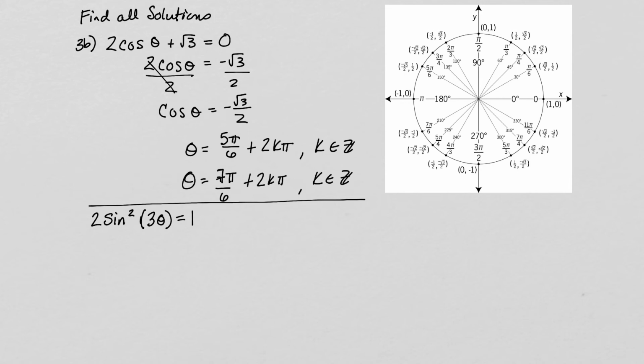Again, the first thing I want to do is figure out what the sine is, get the sine by itself. So the sine squared of 3 theta, if I divide both sides by 2, is going to be 1/2.